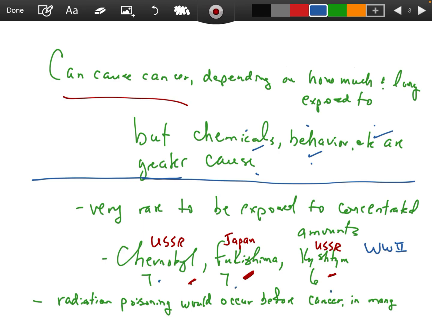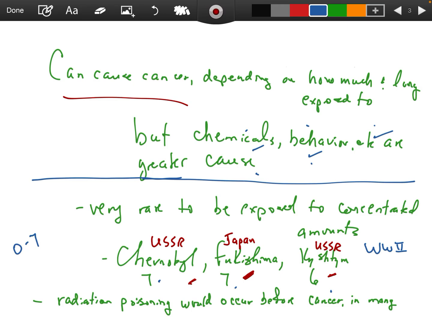These are the scale ratings. The International Atomic Energy Commission has a scale from 0 to 7 of nuclear accidents. There have been 2 that were number 7, 1 that was a number 6. And so these were things that caused a lot of radiation to be exposed to the environment.